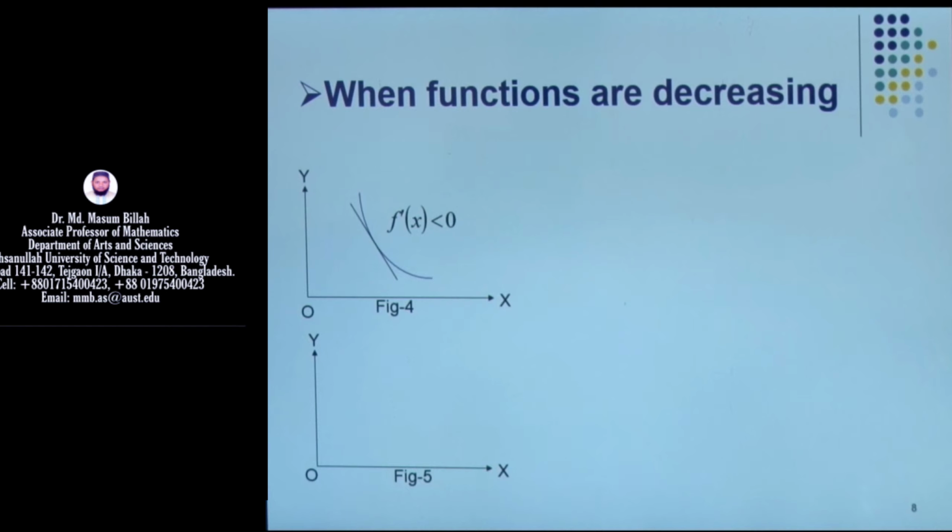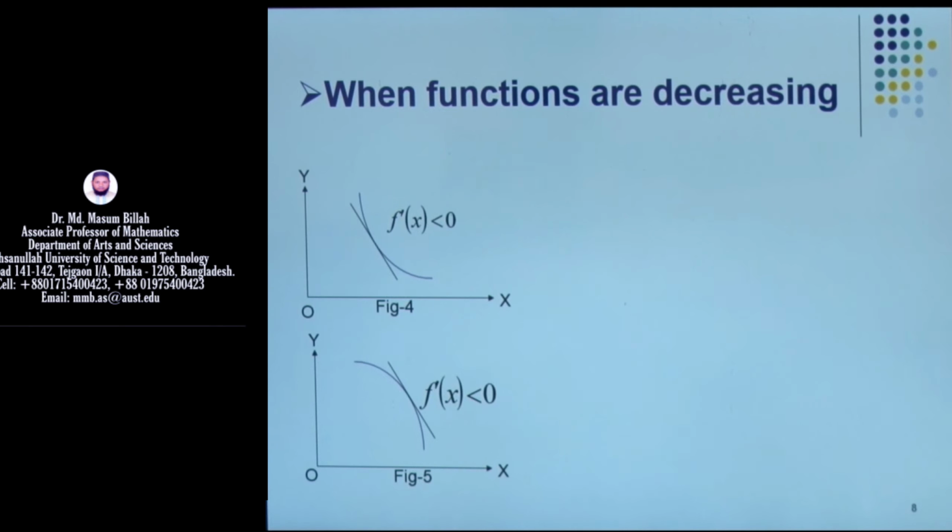So we can say this function f(x) is a decreasing function, and also the upper one, figure 4 is concave up, and figure 5 is concave down. So if we take a concave down graph, and if we draw any tangent at any point, the slope of the tangent is always negative.